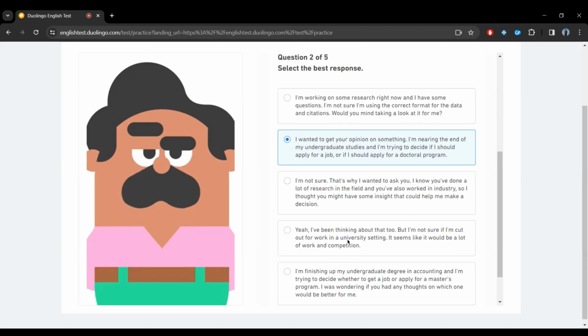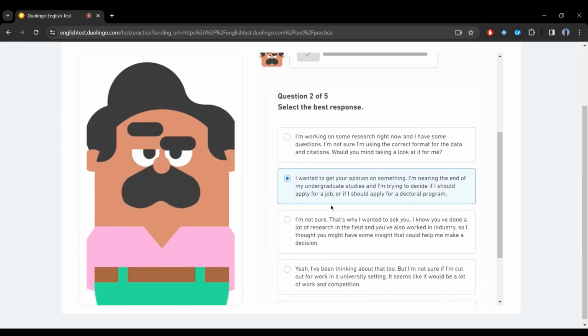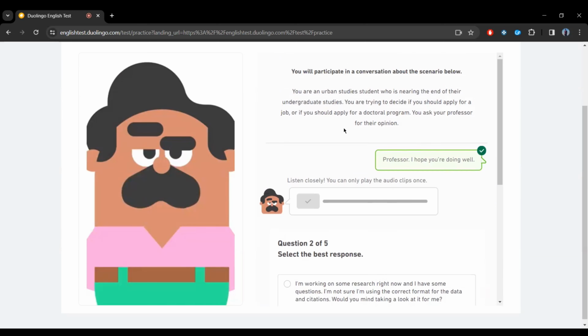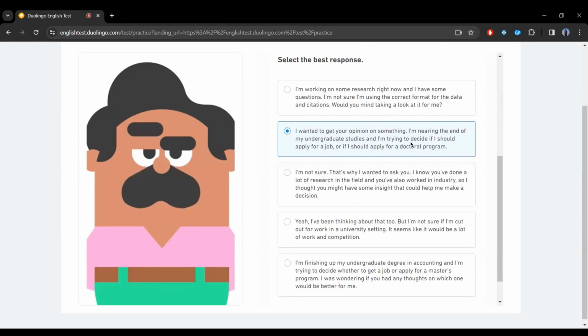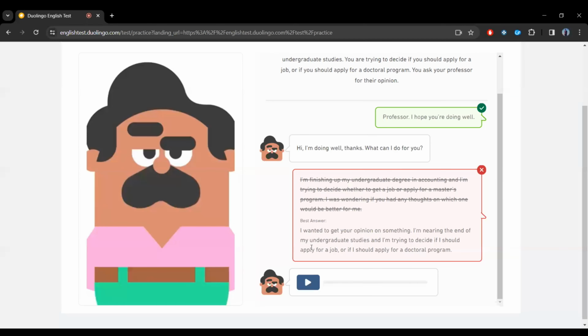I'm finishing up my undergraduate degree in accounting, and I'm trying to decide whether to get a job or apply for a master's program. I was wondering if it's better for me.